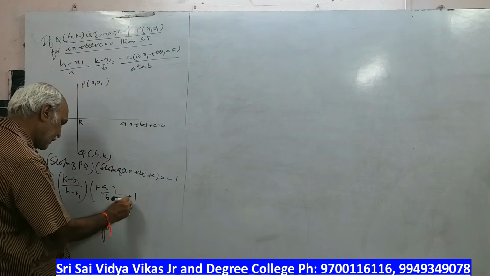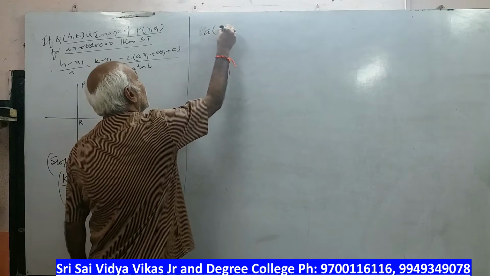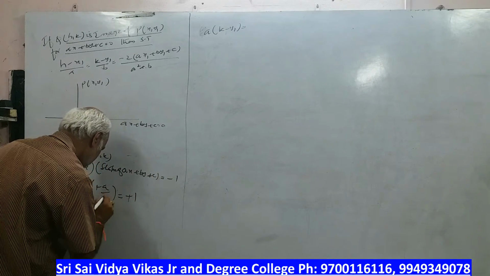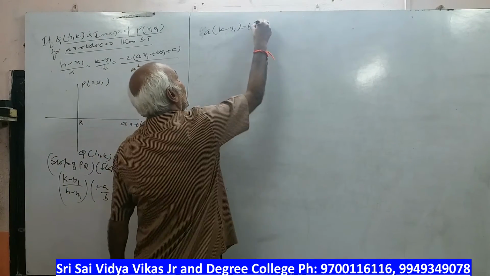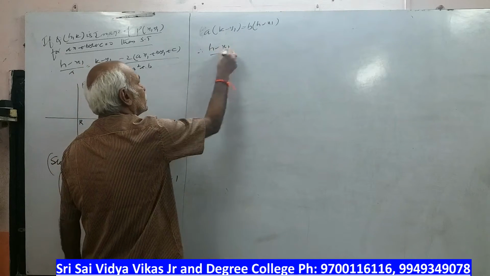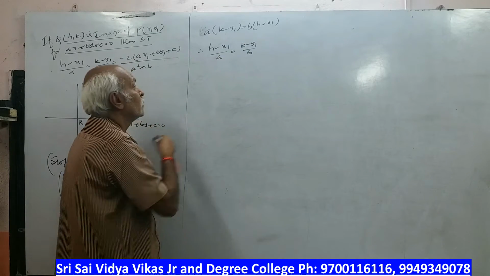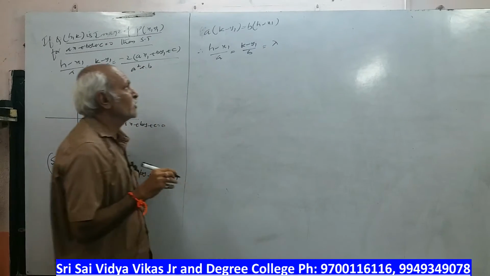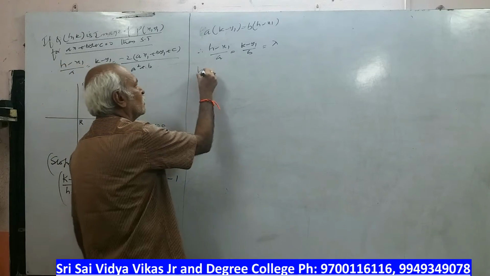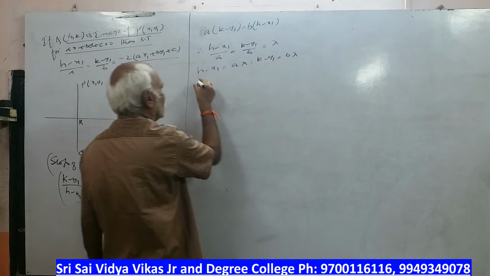So minus minus will get cancelled. a into k minus y1 is equal to b into h minus x1. Observe here, up to here it is the same. Therefore, h minus x1 by a is equal to k minus y1 by b is equal to lambda. Therefore, h minus x1 is equal to a lambda, k minus y1 is equal to b lambda.